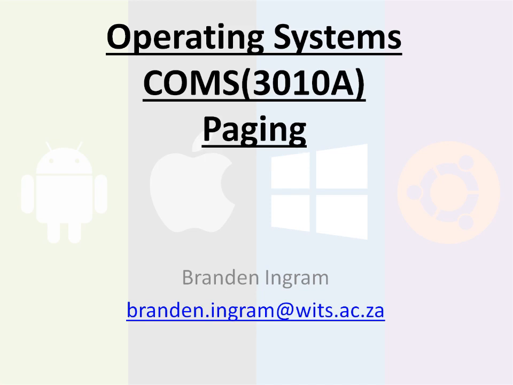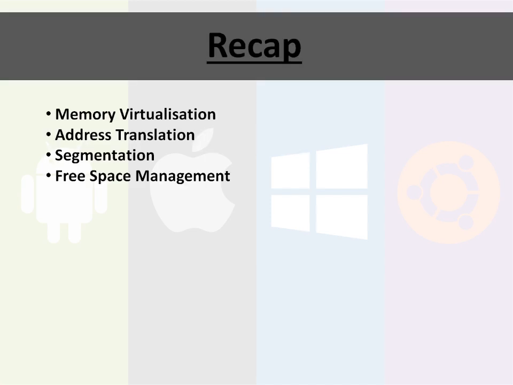So just a quick recap from last week. We looked at a couple of different concepts before. Firstly, how does the CPU virtualize its memory? And that was the concept of the address space. Secondly, how to translate between virtual addresses, which were the addresses in the address space, and physical ones, which were the addresses in actual physical memory.